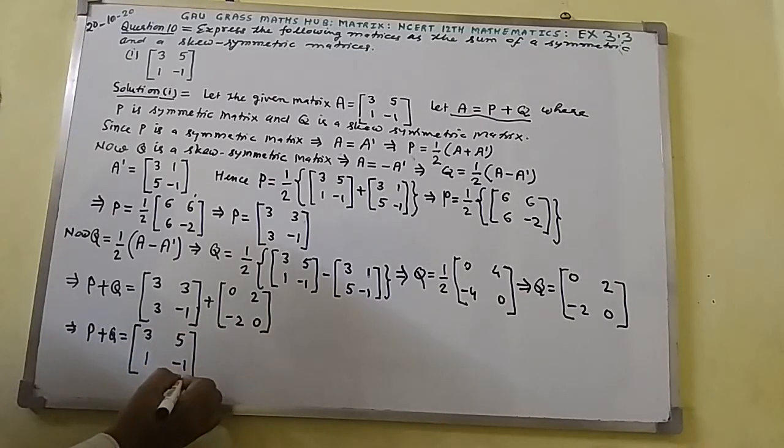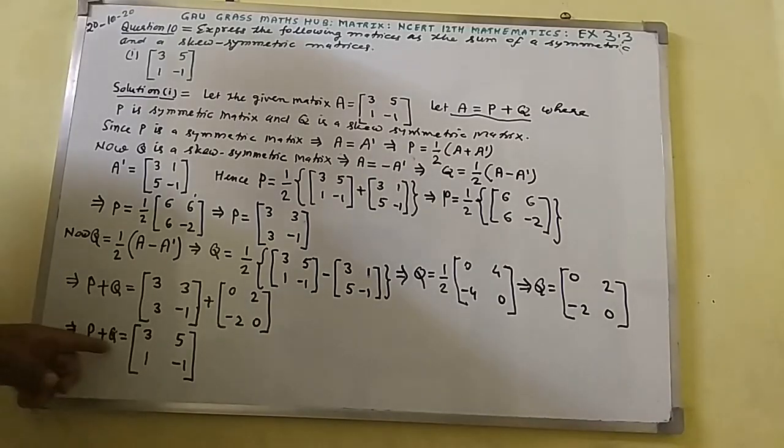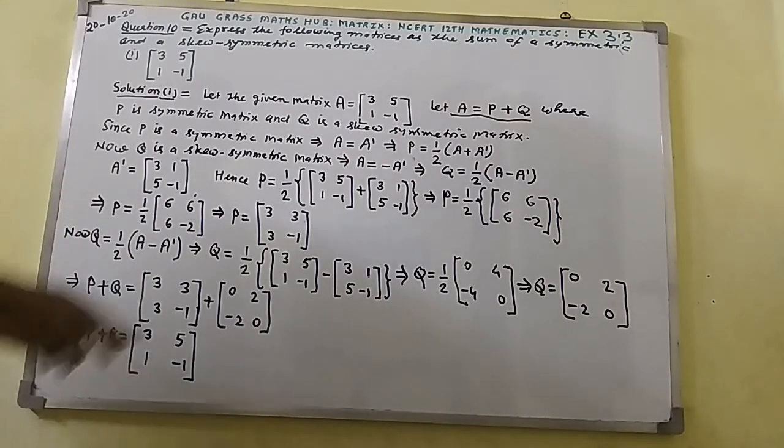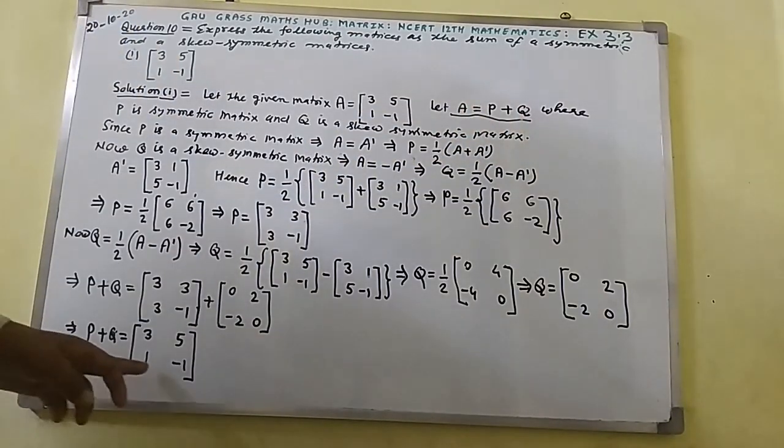Closing square bracket. So here you have got P plus Q. Now see what P plus Q is. You can see that P plus Q is equal to A.